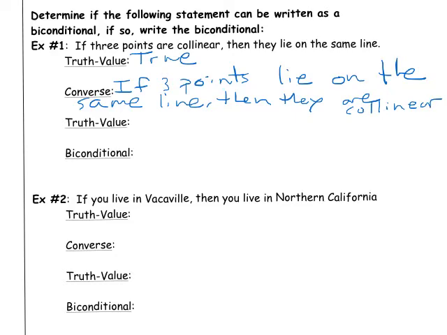Okay, so we wrote the converse. Well, is that true? Let's see. If 3 points lie on the same line, then they are collinear. Yeah, if 3 points are on the same line, then we would call them collinear. So yeah, that's true as well. So that means we can write this as a biconditional.